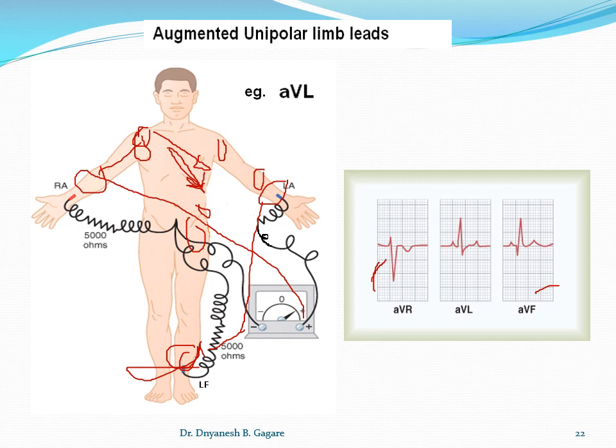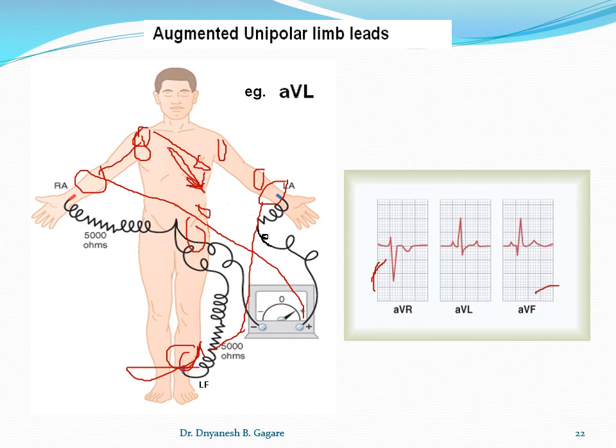Then next class. What is there in the next class? In the next class is the normal ECG, and there we'll study the ECG paper, then actual recording of the ECG, what the waves are, types of waves, causes of the waves.